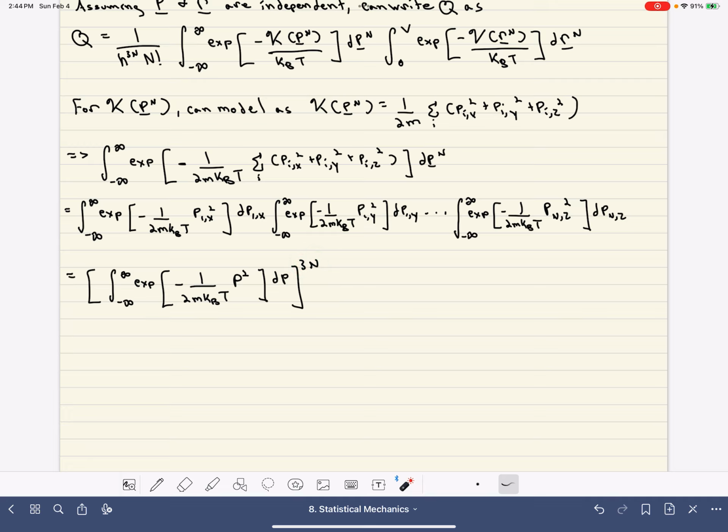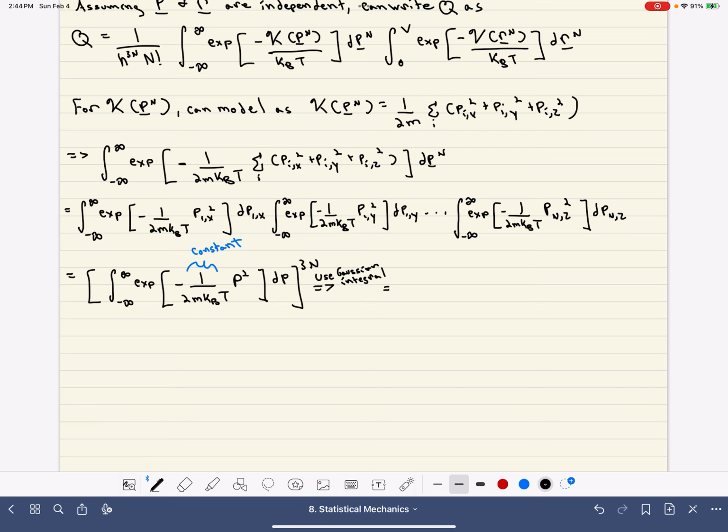Now in this exponential we have all these constant terms with respect to the integral. And so what we're going to have is the exponential of negative p squared over some constant a. As you could recognize, this is known as a Gaussian integral, so to solve it, just use the same strategy that you've seen previously for solving Gaussian integrals.